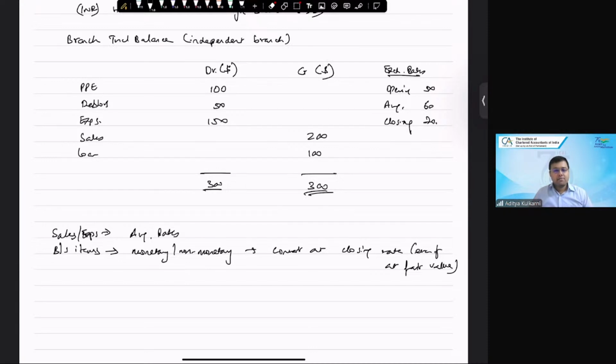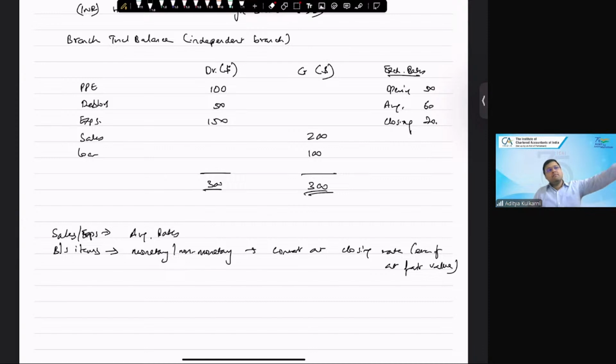If I want to get money from this branch, will it be through repatriation of funds? It is an independent branch. Will I get money from repatriation of funds? Sir, what is the meaning of repatriation?